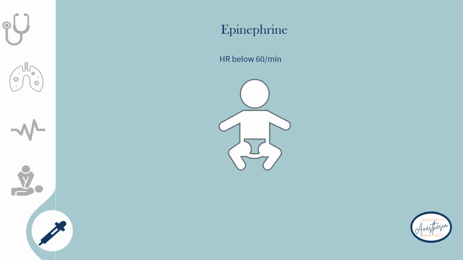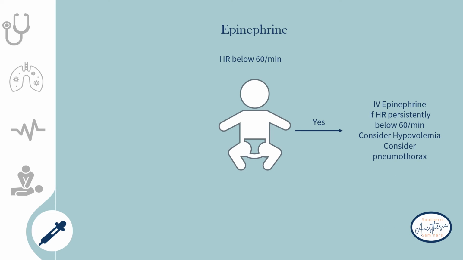So the next step is epinephrine administration. If the heart rate remains below 60 beats per minute despite adequate ventilation, then epinephrine is indicated. So the dose of epinephrine is 0.1 to 0.3 mLs per kg of 1 to 10,000 epinephrine IV.